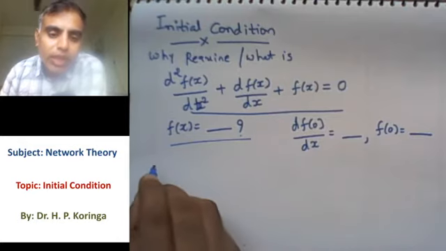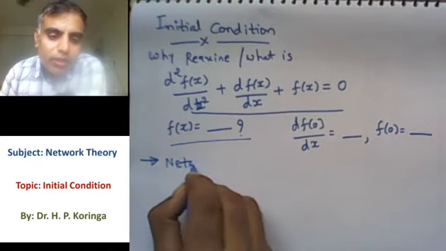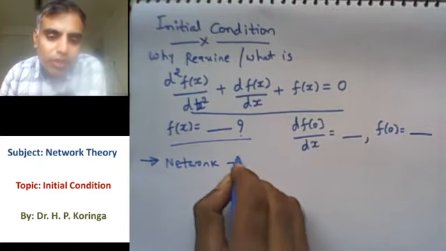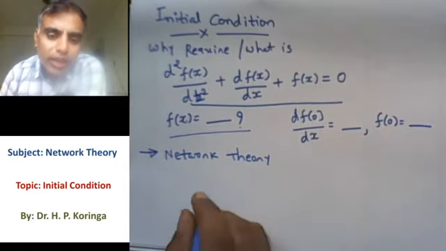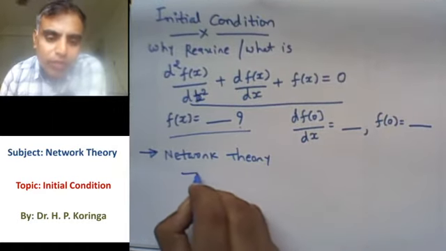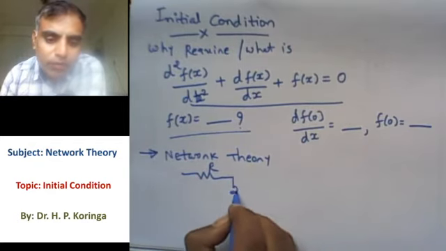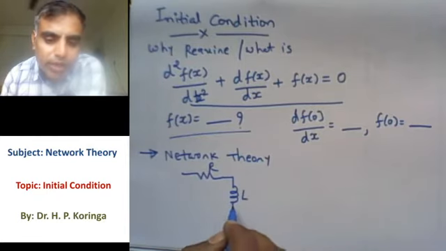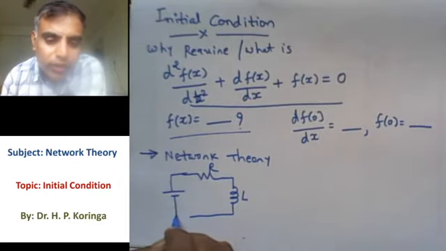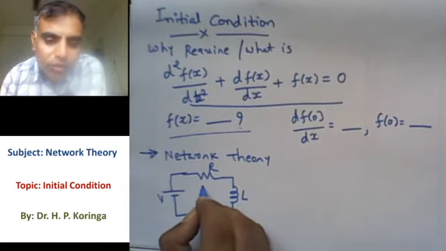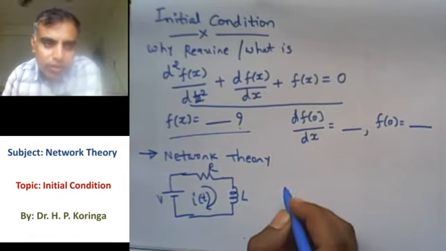Now in network theory or network analysis, suppose we solve a network which has R, L and C components. Suppose my network has R and L components, and our interest is to find the current I of t, which is our function like f of x.